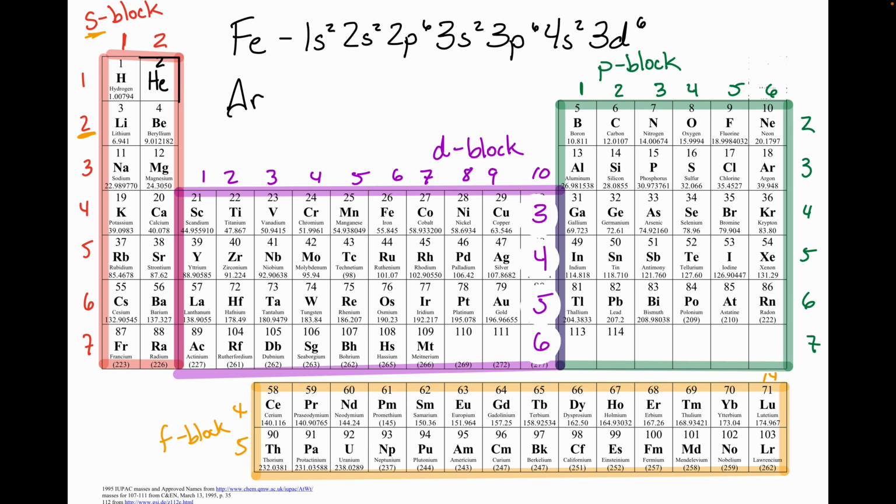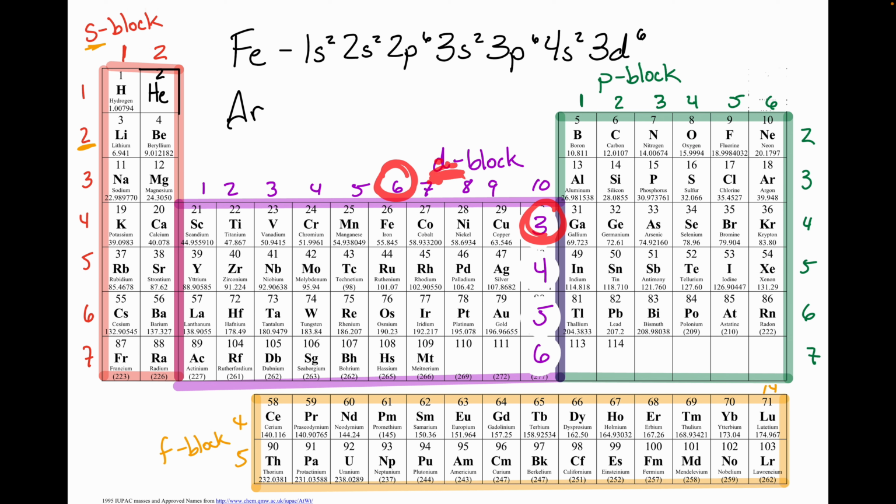Because it's in that 6th column of that 3D row. Remember, we started numbering that D block at 3. If we did argon, it would be 1s2, 2s2, 2p6, 3s2, 3p6.